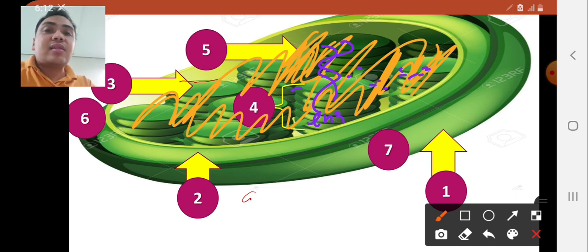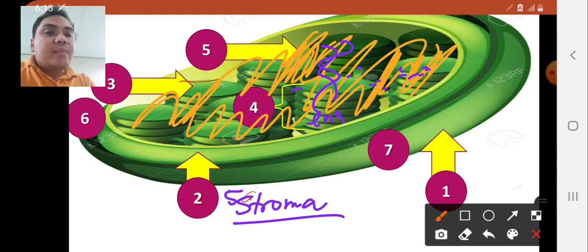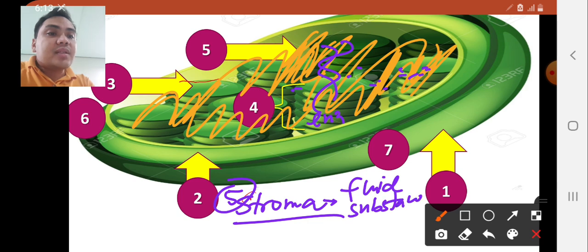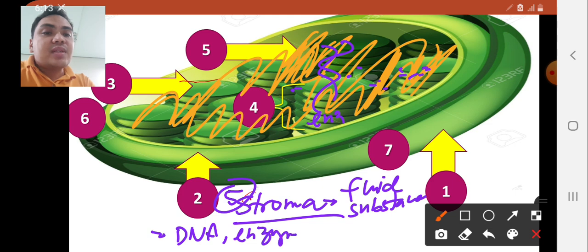The fluid substance that contains DNA, enzymes, and ribosomes and surrounds the entire thylakoid is known as the stroma. So that is number 5.